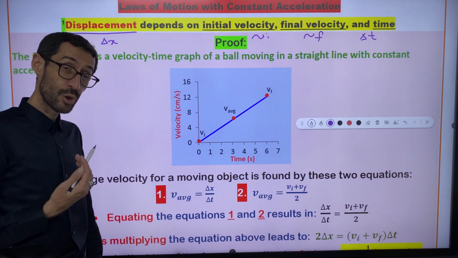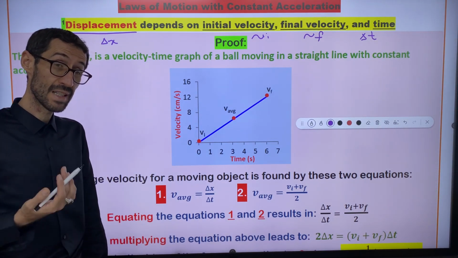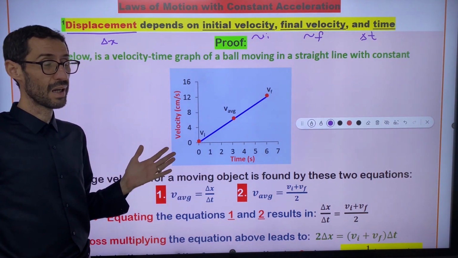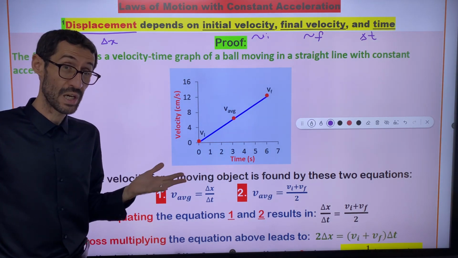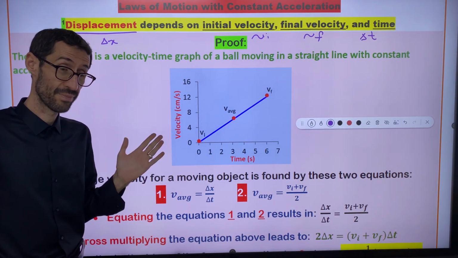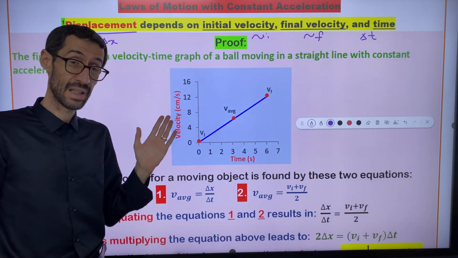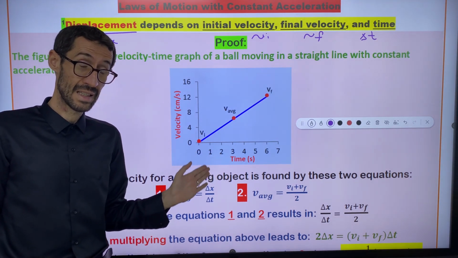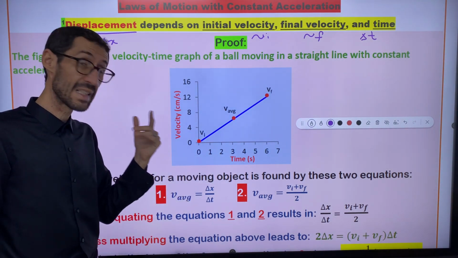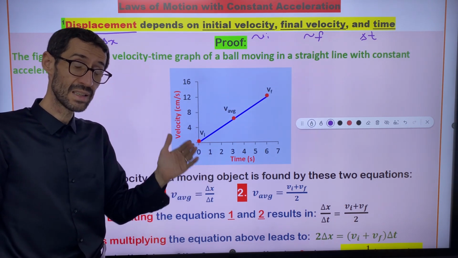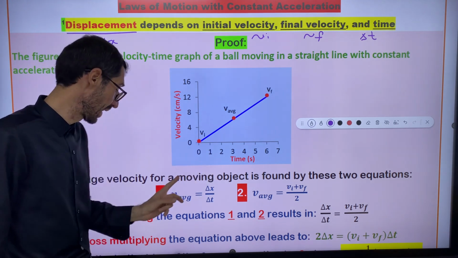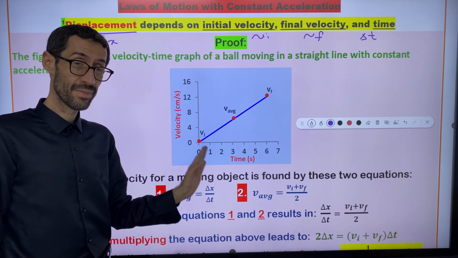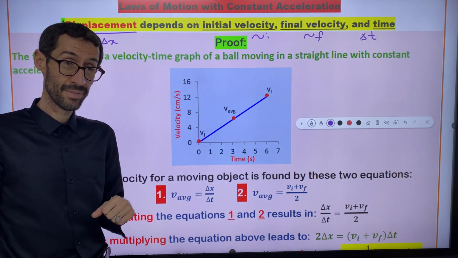And I've told you over and over again in physics, whenever one side of two physical equations is the same, like V average here, the other side is equivalent as well.